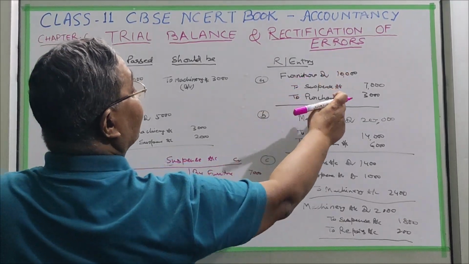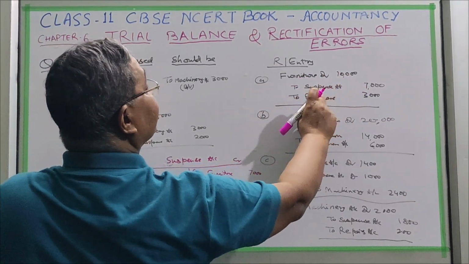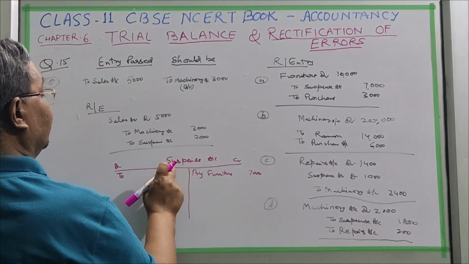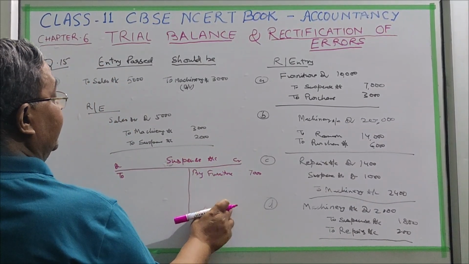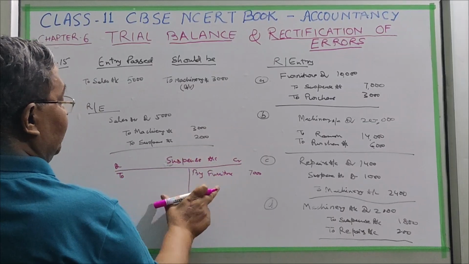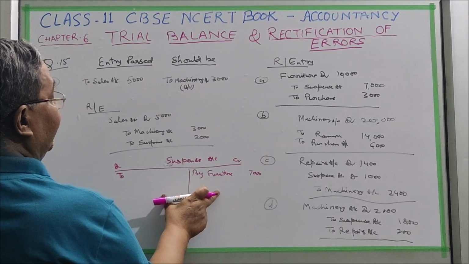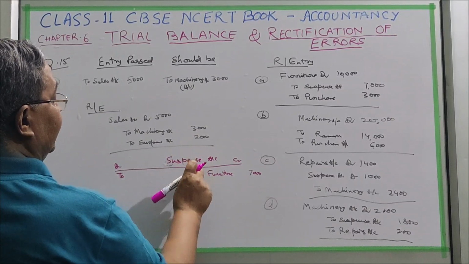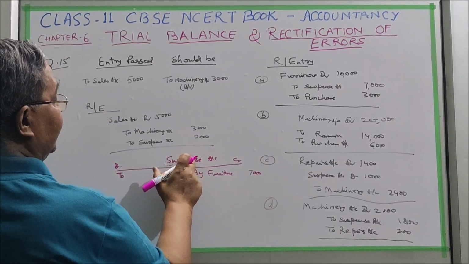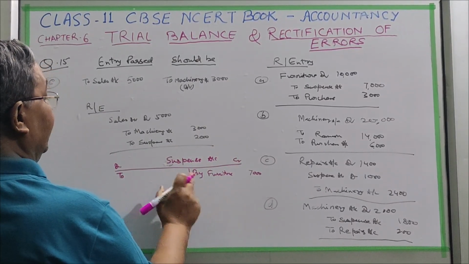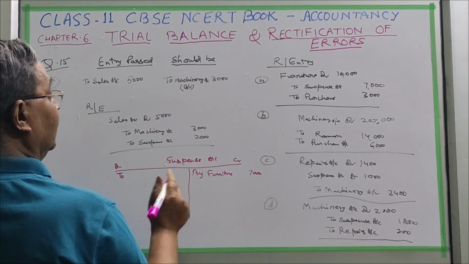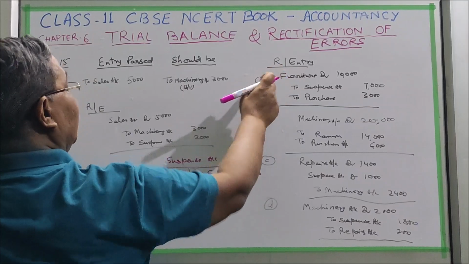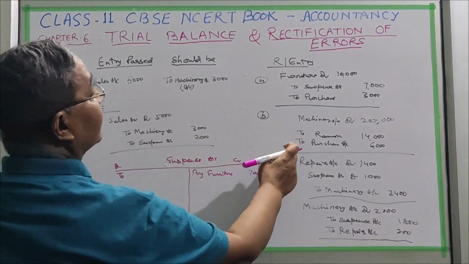You will not write 10,000; you will write whatever amount is against the suspense account, 7,000. And be careful: the name of the account you are preparing, like suspense, will never come here. Any name, such as cost of machinery or cash, will not come. So be very careful. It will be 7,000, and the name will be furniture.